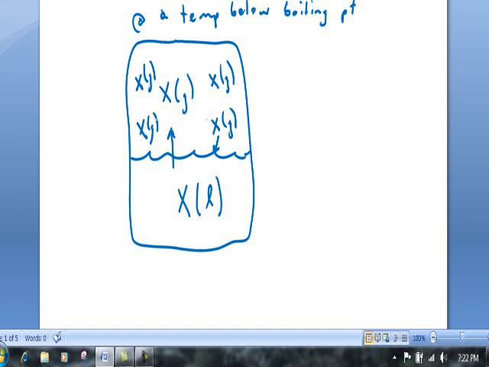But in a closed system, eventually the amount of particles becoming gaseous and the amount of gaseous particles bouncing back into the liquid reach a complete balance, and they're in what we call a state of dynamic equilibrium, where the rate at which gas particles are forming is exactly the same as the rate at which liquid is reforming.